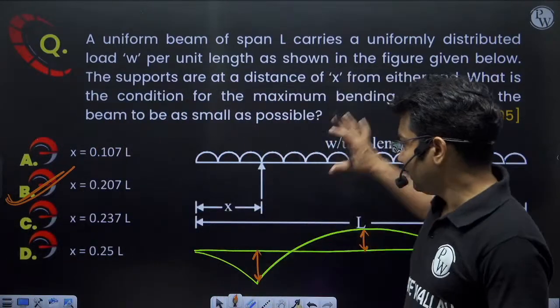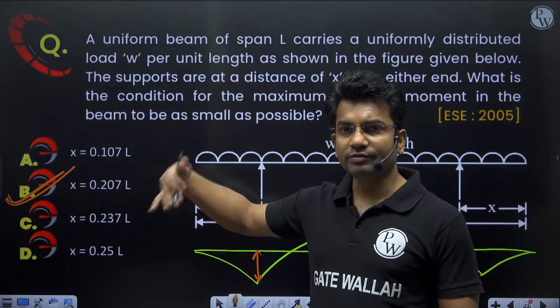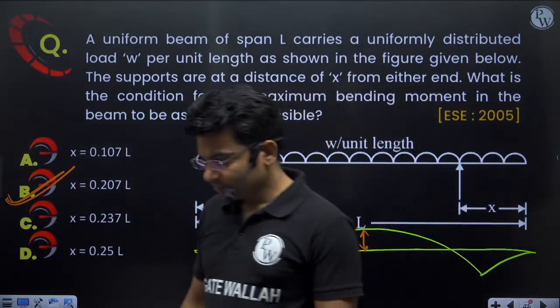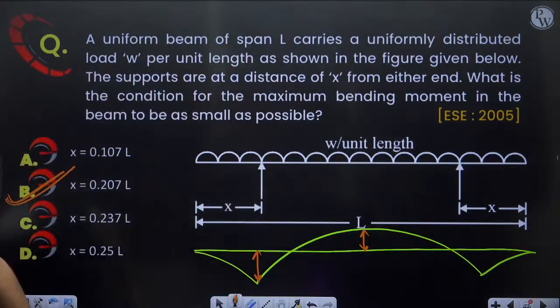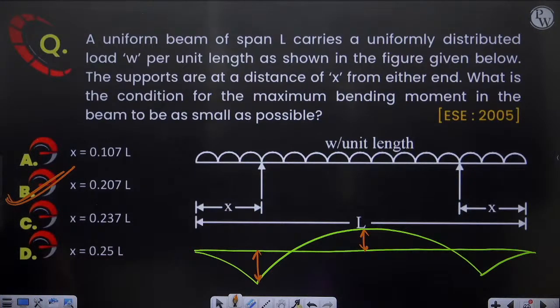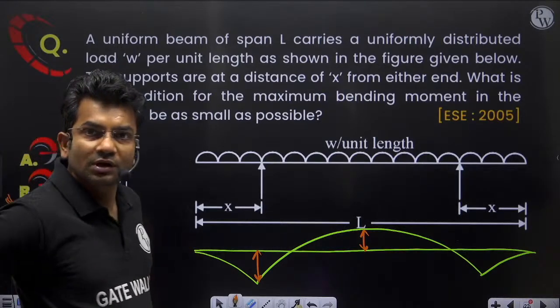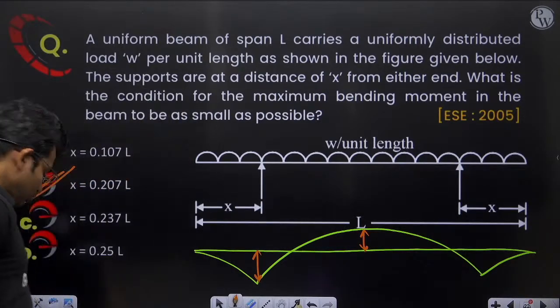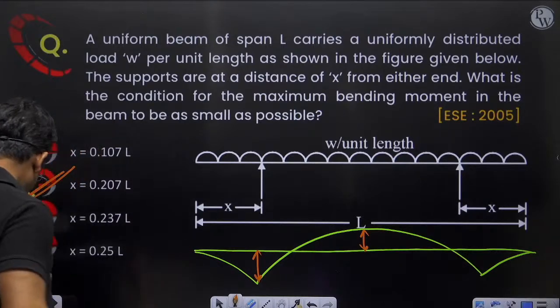Do you want the entire derivation, or should we move on to the next question? Tell me. If you want, I can derive it also. Okay, let's move on to the next question because I have already derived it in the previous class.